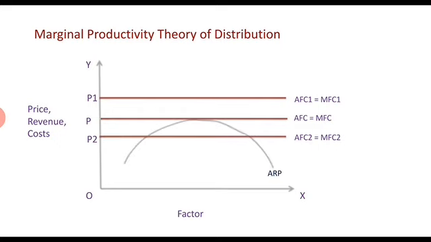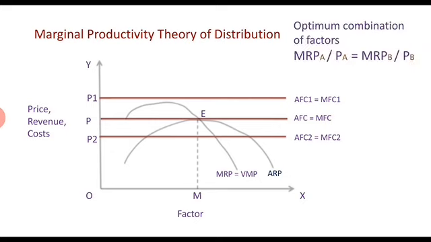Here ARP curve and MRP curve are equal, and the price of a factor is determined as OP. Factors are employed OM. Optimum combination of factors is MRPA by PA is equal to MRPB by PB, and so on.